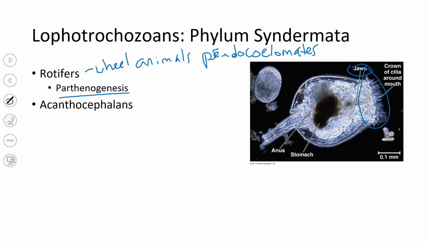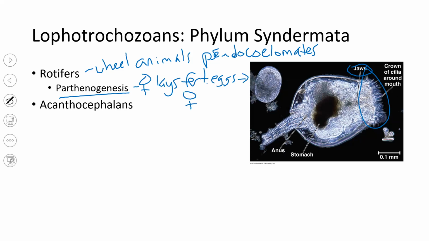It is a female laying unfertilized eggs that develop into functional females.